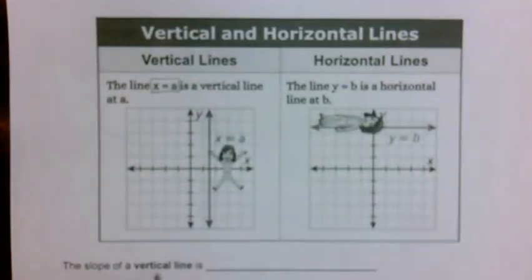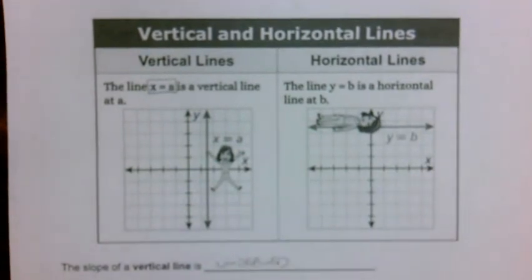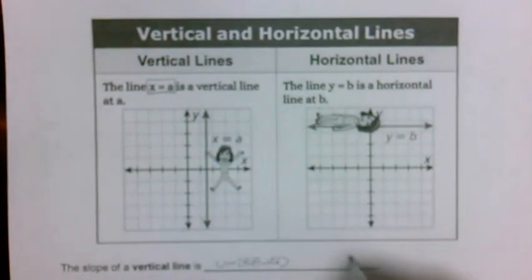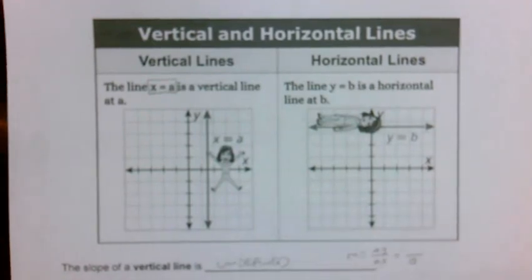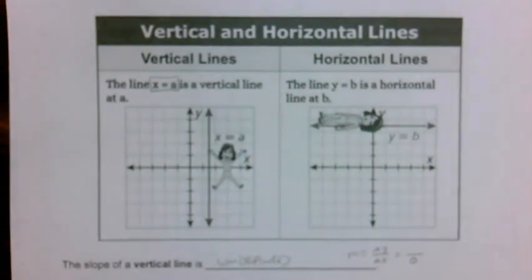Remember that the slope of any vertical line is undefined because there is no horizontal change. Remember that to find slope, m equals delta y over delta x. And since there is no horizontal change, your denominator would be 0, which automatically means that the slope is undefined.